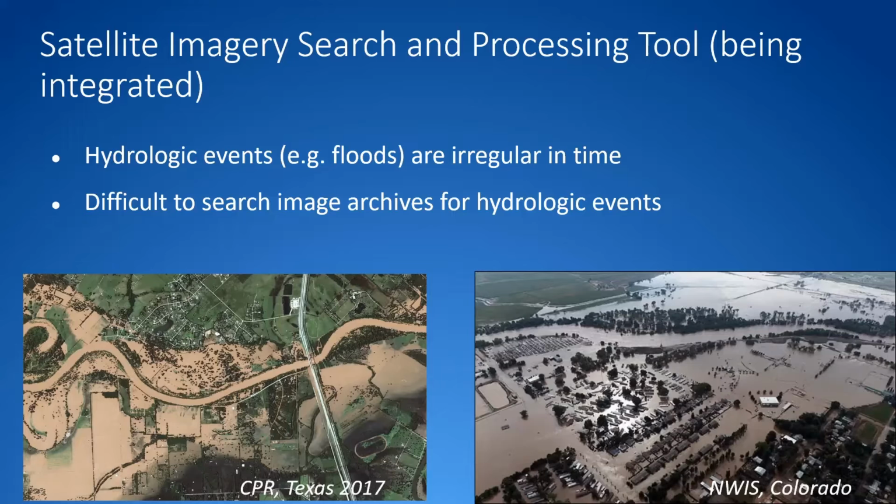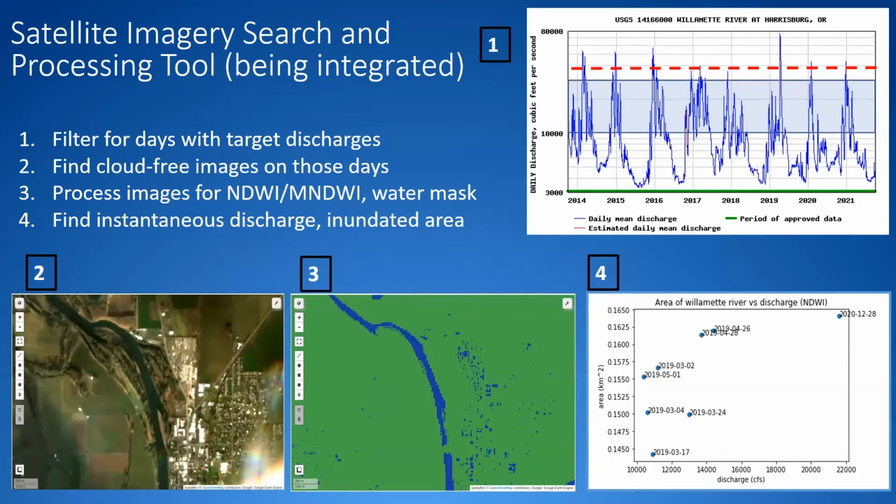And by using that river discharge, we want to identify inundated areas that are related to the time series of discharge or any other variable, temperature, concentration of any water quality parameter, and so on. This tool works by first filtering hydrologic data by a threshold or range.